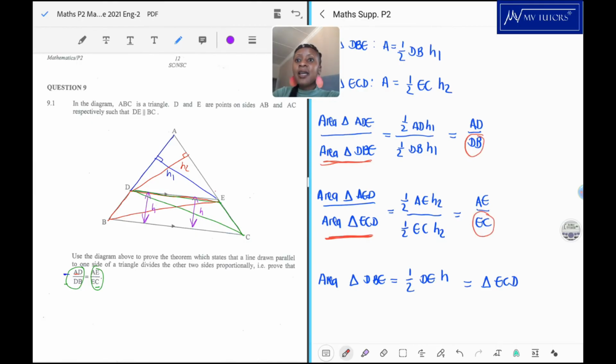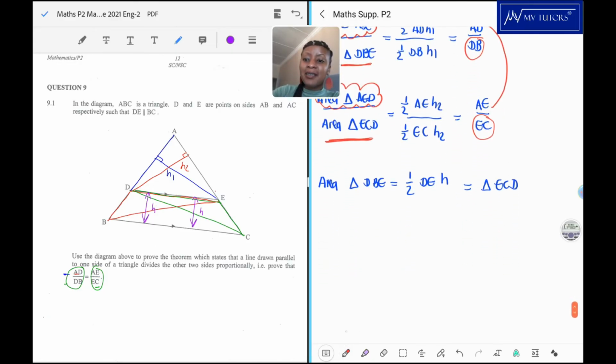And then on top here, triangle ADE is actually triangle AED. Oh, what did I start with? Yeah, triangle ADE is actually triangle AED. So of course these two are the same thing. So can you see that I can equate AD to AE, and I can also equate DB to EC.